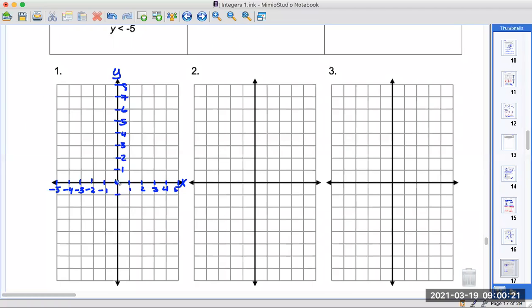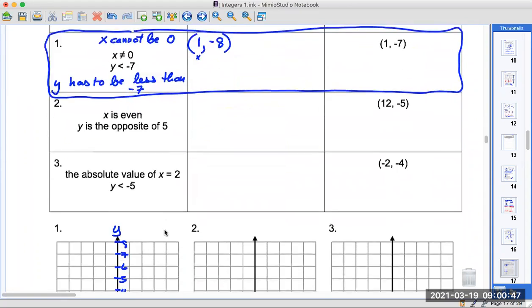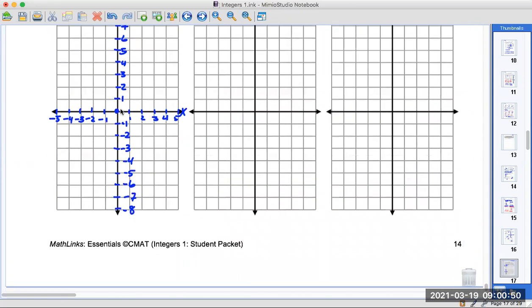And down below, remember that's below sea level, negative 1, negative 2. So that's as far as we can go. It has to fit on here. The numbers we come up with are 1, negative 8. Is that going to fit? So start at 0, 0, 1 to the right, down. Yep, there's 1, negative 8.